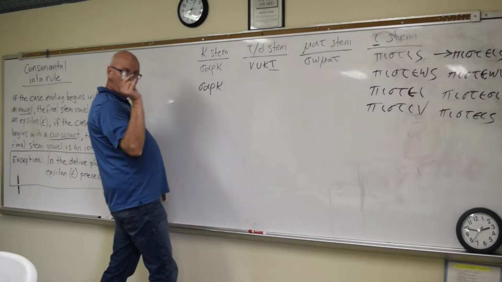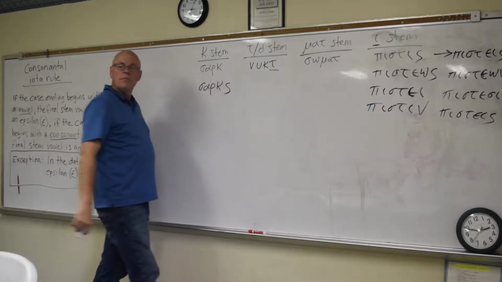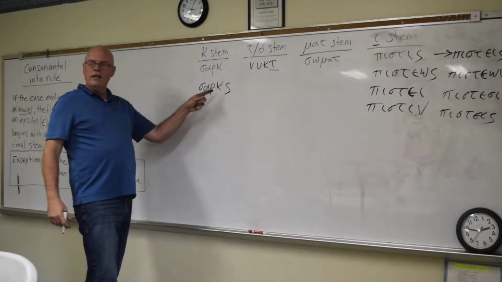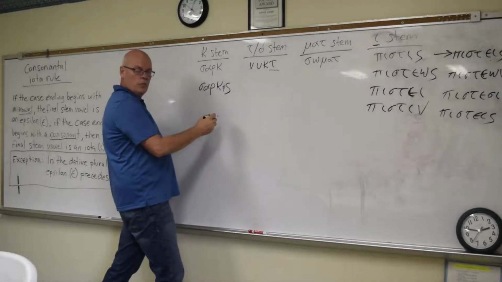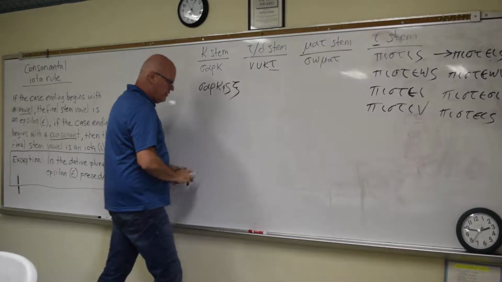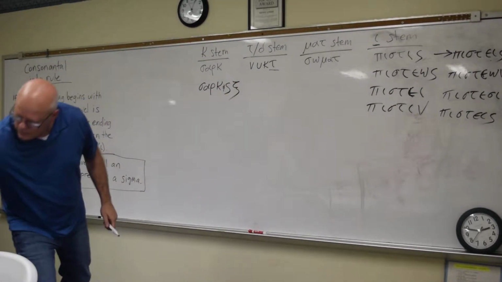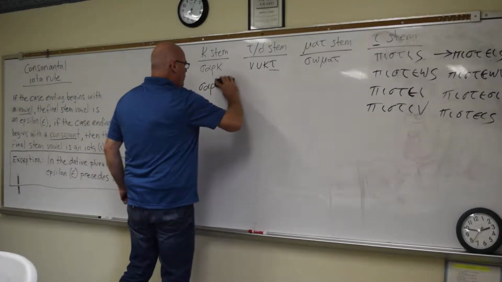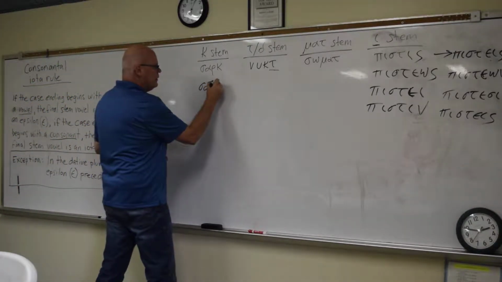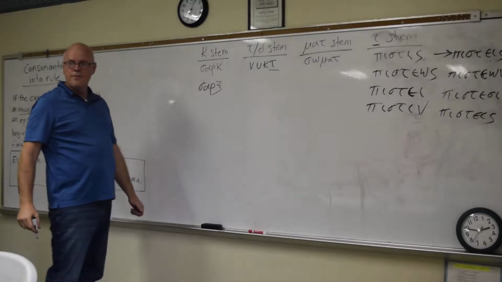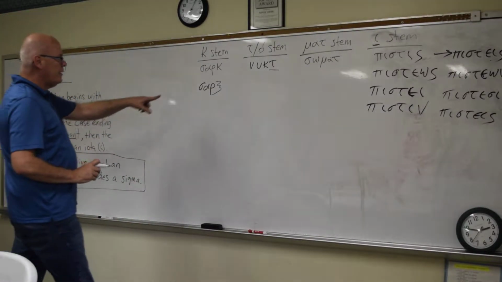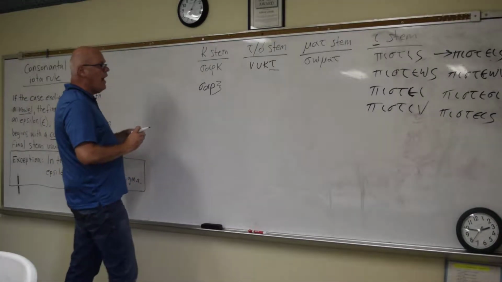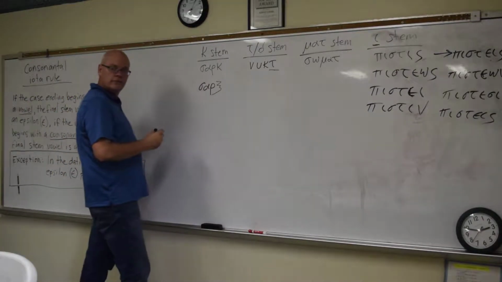But then it would change into a psi, because when we put these two together we end up with a psi. So what I'm going to end up with is a psi: sarks. That's the nominative.